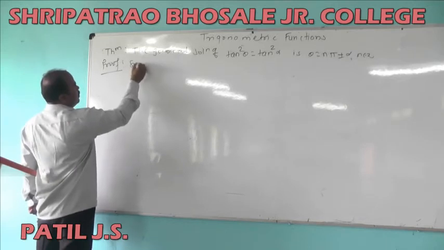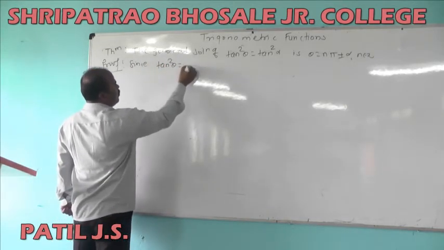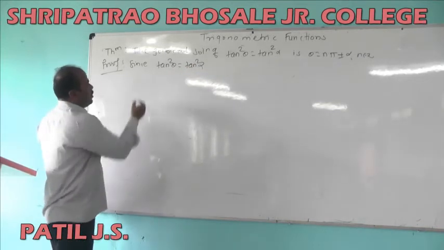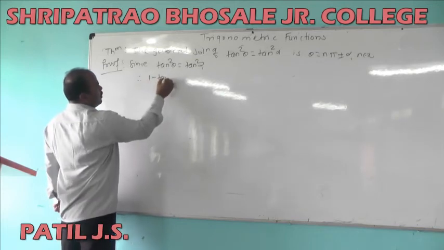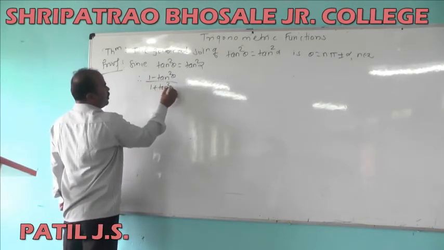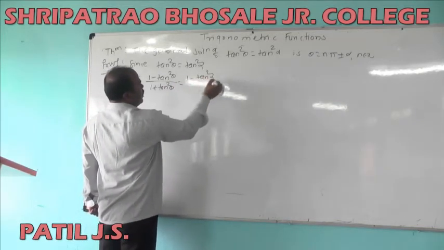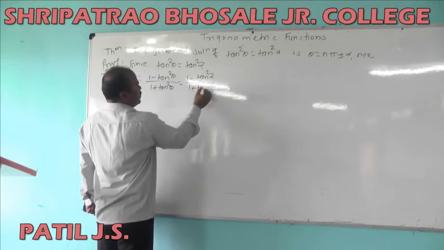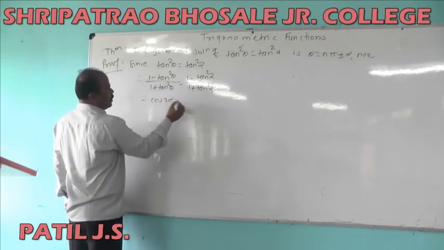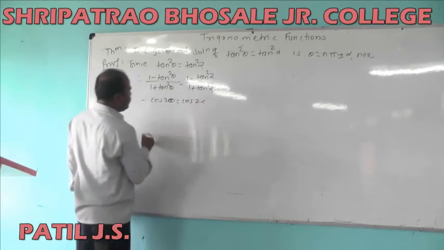Since tan square theta is equal to tan square alpha, therefore 1 minus tan square theta upon 1 plus tan square theta is equal to 1 minus tan square alpha divided by 1 plus tan square alpha. This is the formula of cos 2 theta, so cos 2 theta is equal to cos 2 alpha.